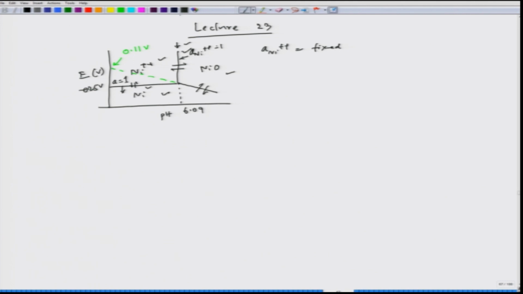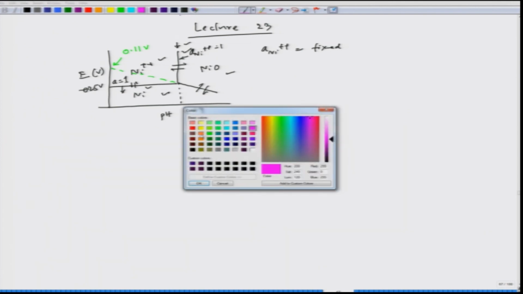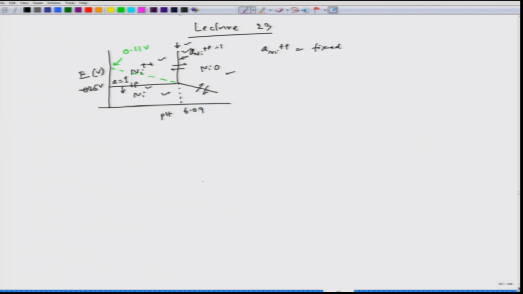Now, let us choose a color, let us say this red color. In this region I could see nickel plus plus. We get nickel plus plus at any potential and pH coordinate in this particular section covered by this particular boundary.